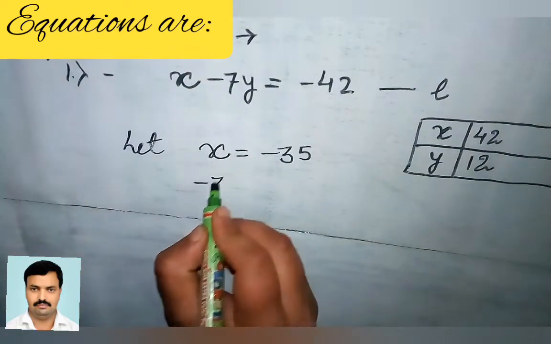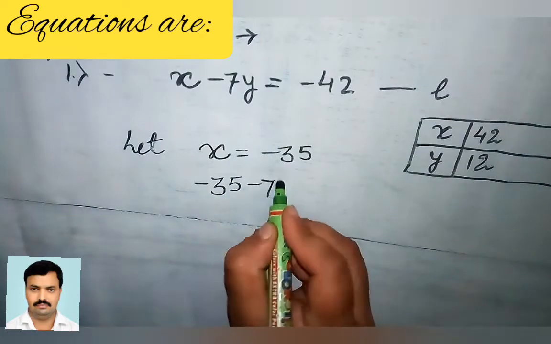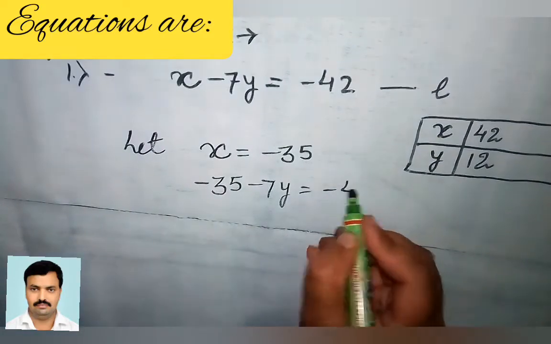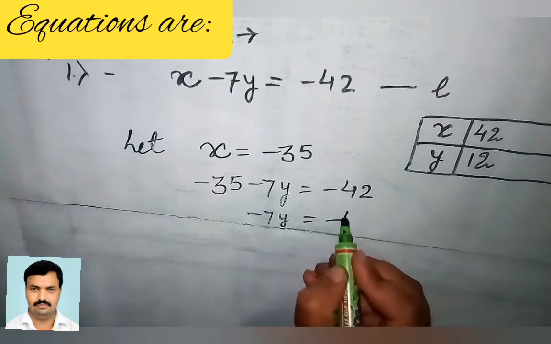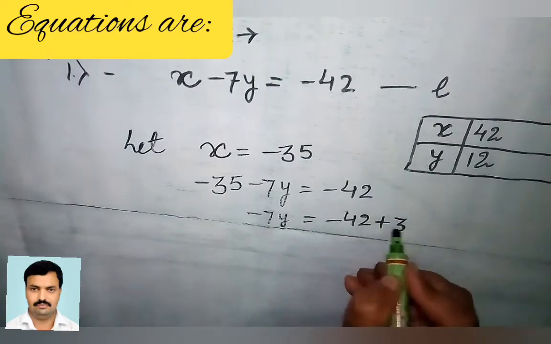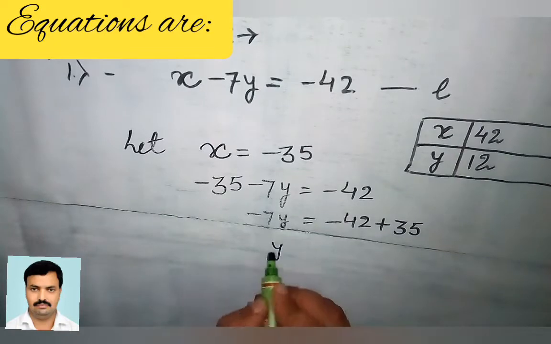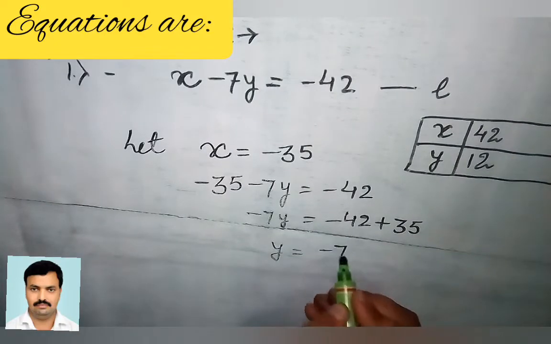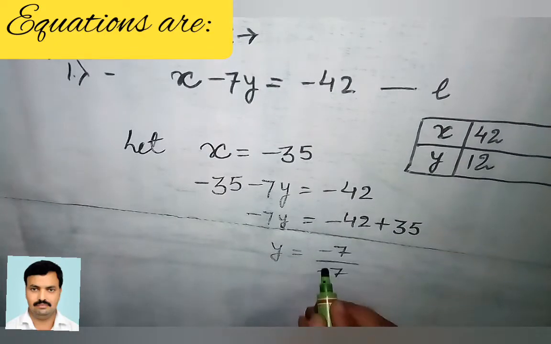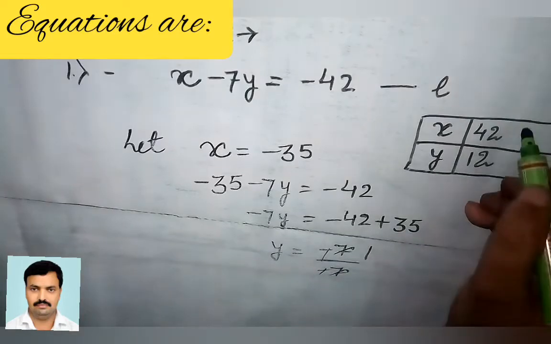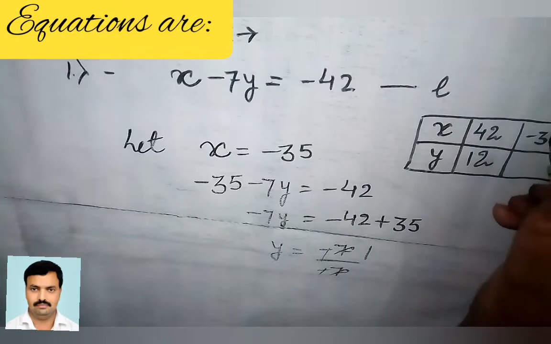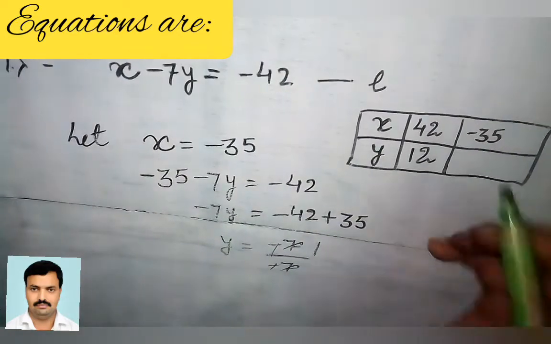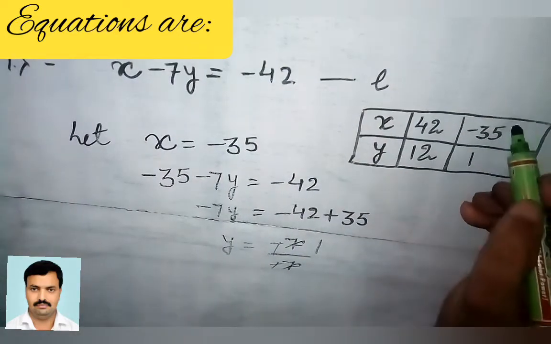Let x equals minus 35. So minus 35 minus 7y equals minus 42. Take minus 35 to the right side, it will become plus 35, and y will be equal to minus 7 upon minus 7, which is 1. Means when you are supposing x equals minus 35, y will be 1.